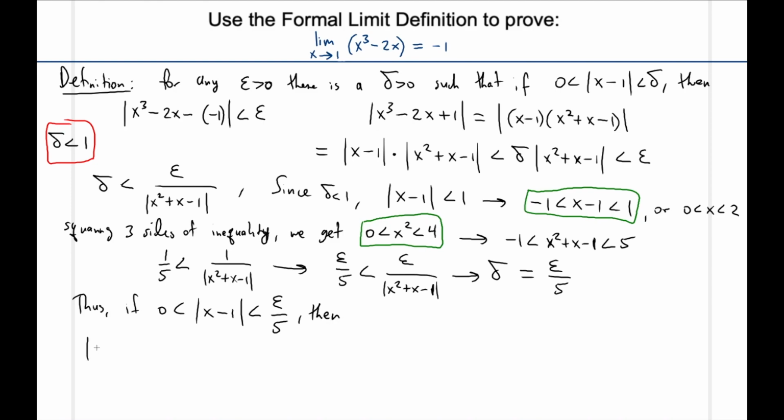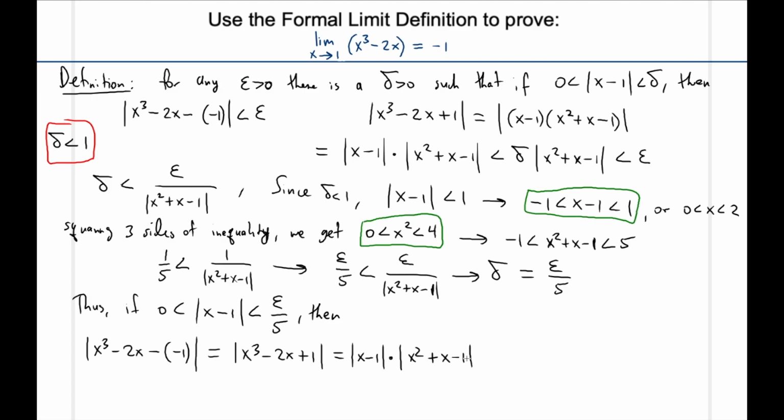Then the absolute value of x cubed minus 2x minus negative 1. Okay, so our goal is to start with this and finish with less than the epsilon, and just write it as x cubed minus 2x plus 1, like we changed from here to here, and then set it equal to the absolute value of x minus 1 times x squared plus x minus 1, like this part right here.